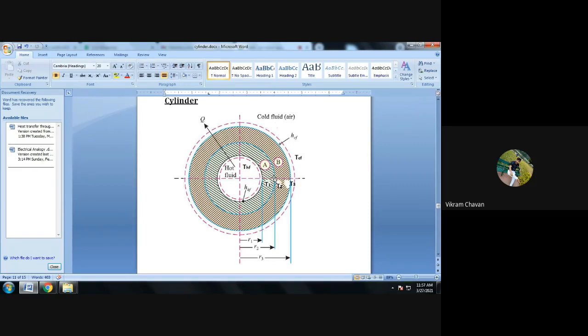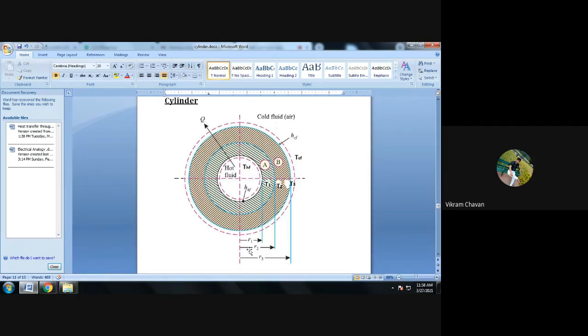That will be considered as the conduction mode of heat transfer. Then heat will transfer within the thickness of B cylinder, which we also consider as conduction. Then heat will reach the external surface of B cylinder, and from there heat will be transferred to the external environment, which will be considered as convection heat transfer.